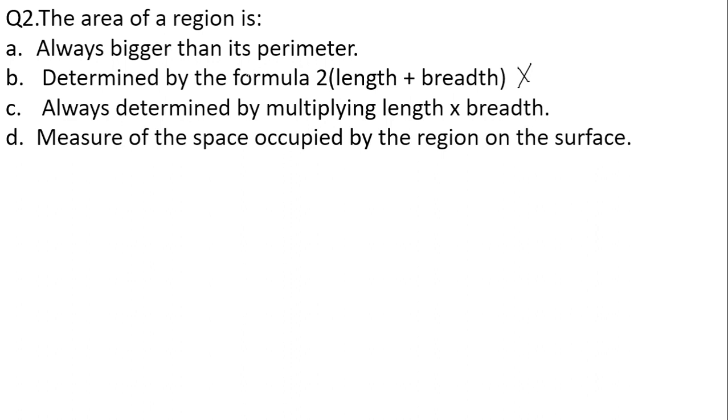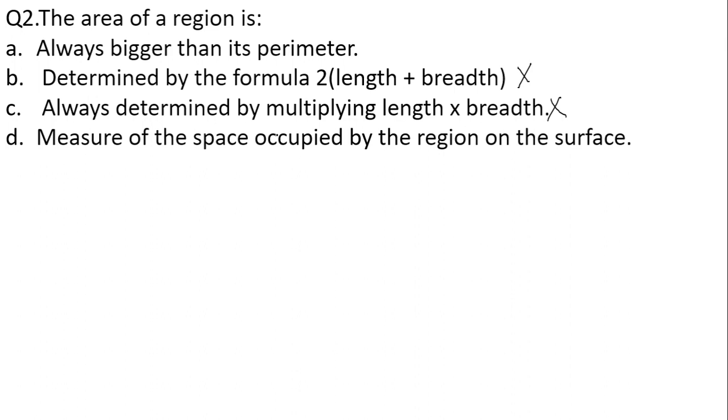Area for a rectangle and for a square is different, that we have already discussed in our live lectures. Always determined by the formula length into breadth. This is also an option that has been eliminated, because the formula for the area of different shapes is different based upon the shape itself.